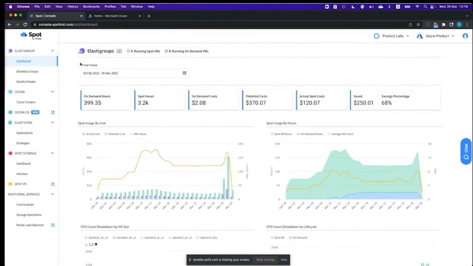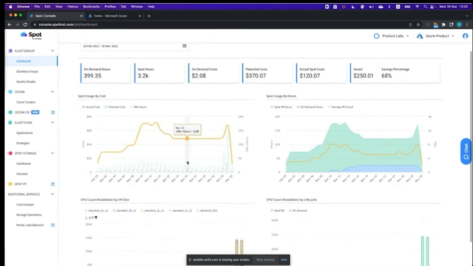So we can see here a couple of things I want to indicate on this platform. We are seeing Elastigroup's dashboard, with a couple of monitor statistics that we are covering on the groups that we are managing. That's relevant for both groups and for the stateful nodes that we will cover in a second. You can see how many on-demand hours you have, how many spot hours you have.